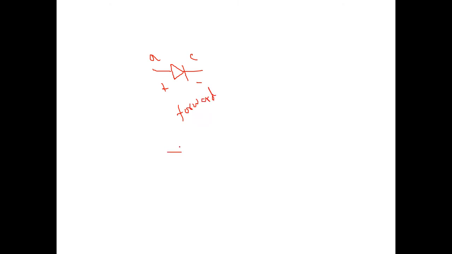If we are giving negative supply to the anode and positive supply to the cathode, it will be reverse biased, that is, it will be open. If it is forward biased, then it will be short circuited.